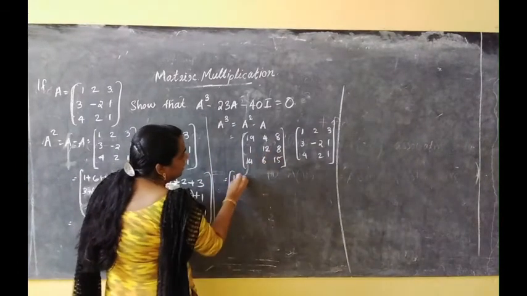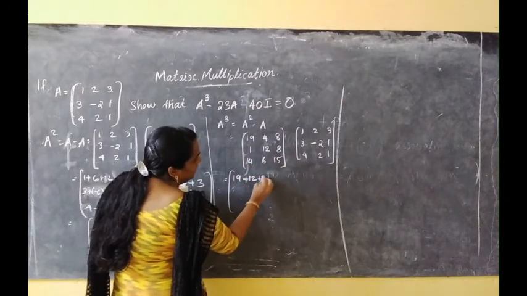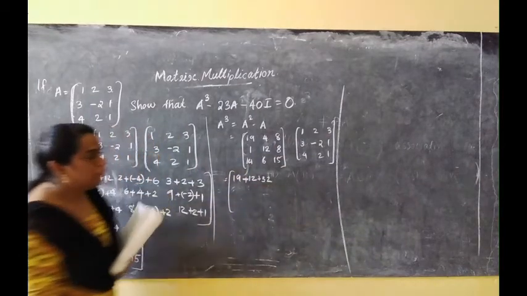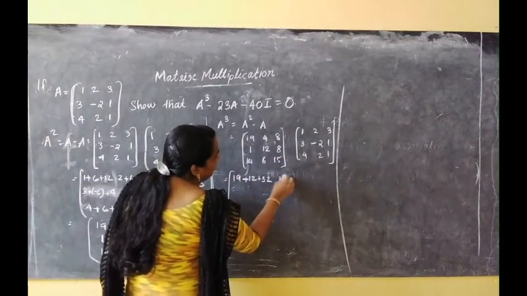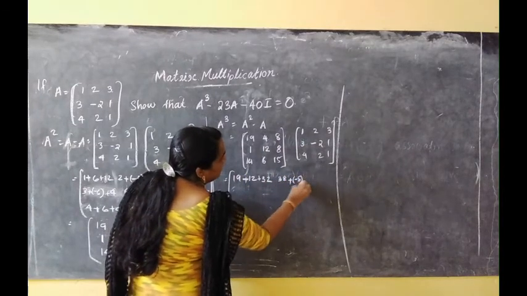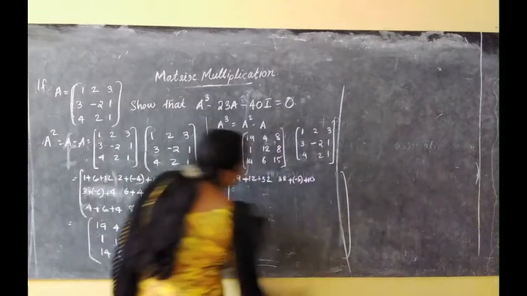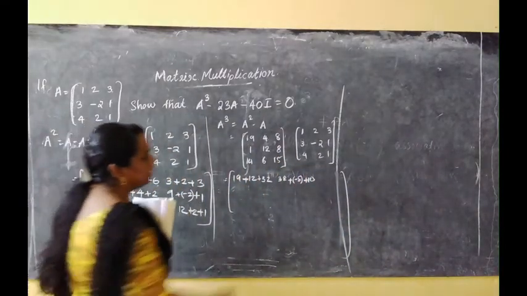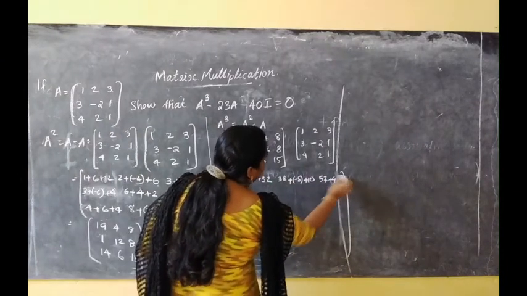19 into 1, 19, plus 4 into 3, 12, plus 8 into 4, 32. Multiply like this. Then next, 19 into 2, what do we get? 38, plus minus 8, plus 10. Next, 19 into 3, 57. 57 plus 4 plus 8.